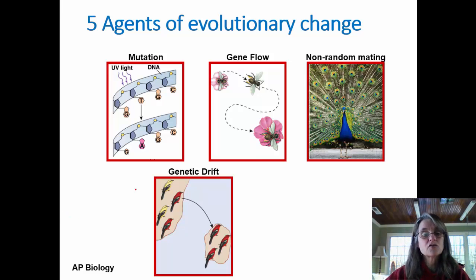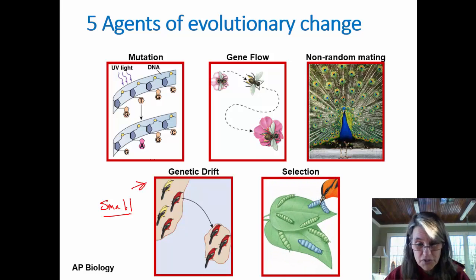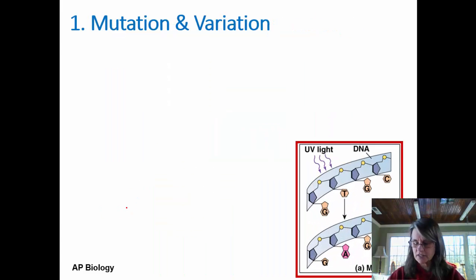This is referring to not a large population size, but a very small population size. And then, of course, natural selection can cause evolutionary change. So basically the opposites of all of Hardy and Weinberg's conditions will cause evolutionary change. So let's look at each of these.